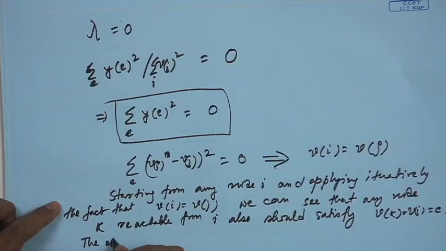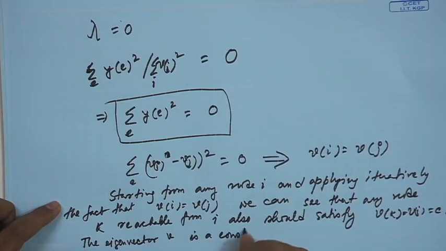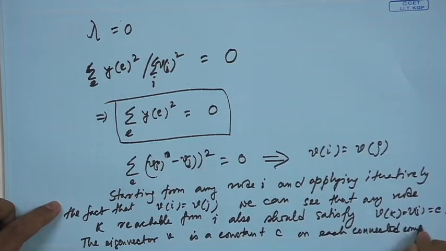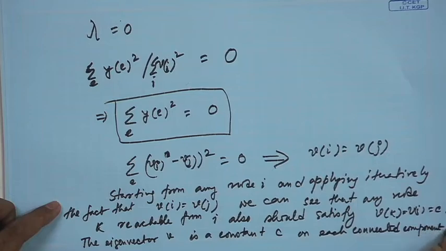That means the eigenvector V is a constant C on each connected component. Basically this comes from the assumption that lambda is equal to 0.